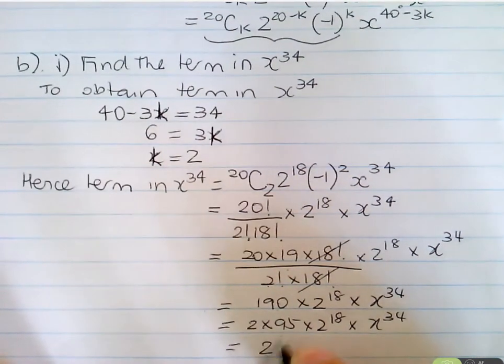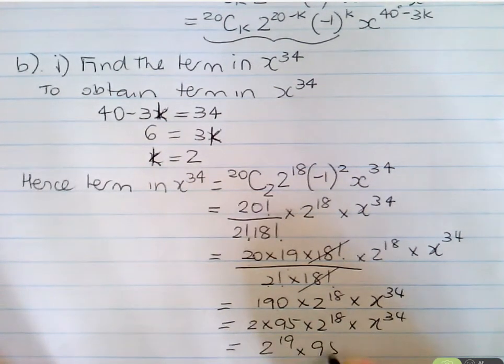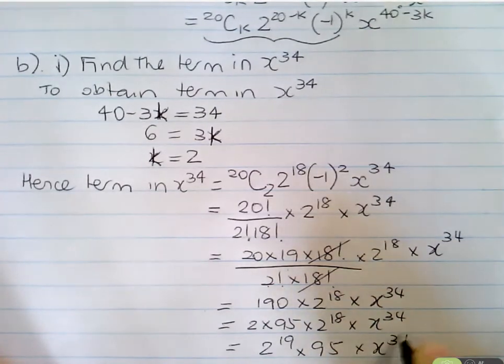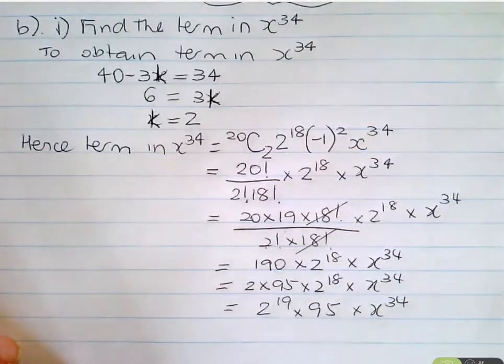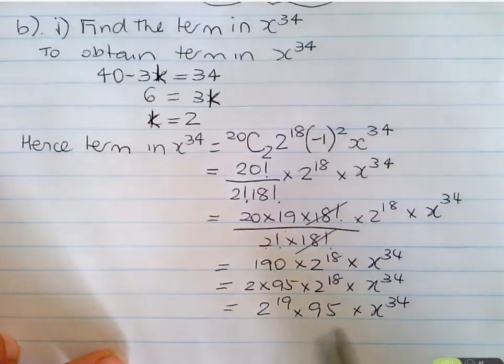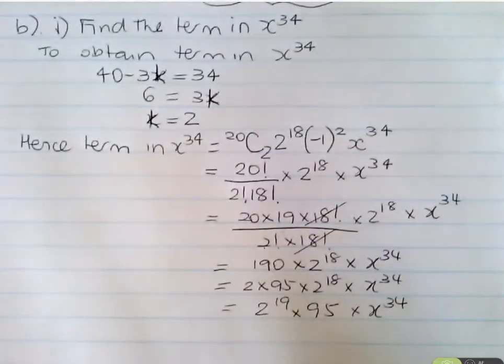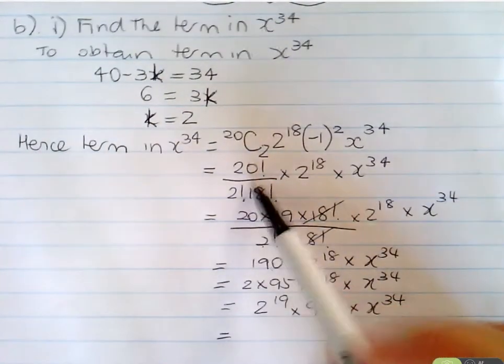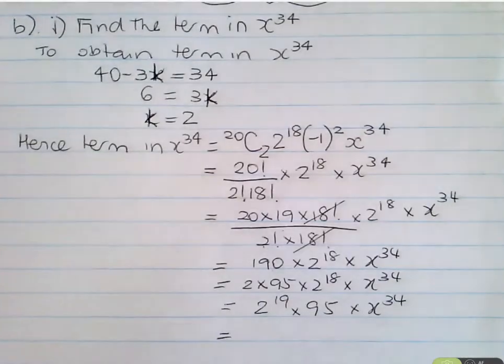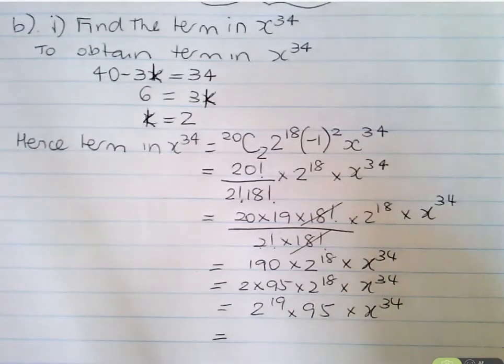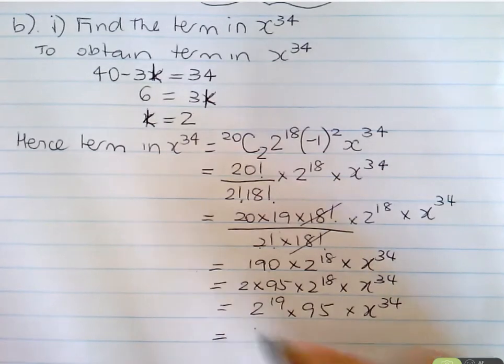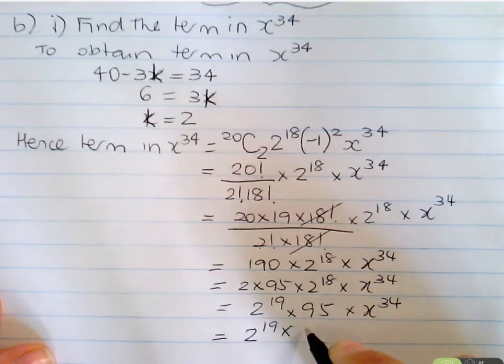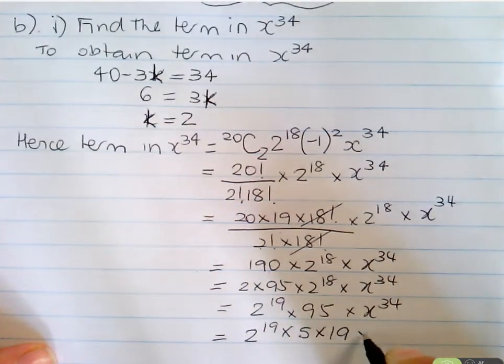I think the answer just wants a number, but if you had to do it in index notation, the 95 doesn't help. If they just want the coefficient, just stick it all in the calculator, all right?